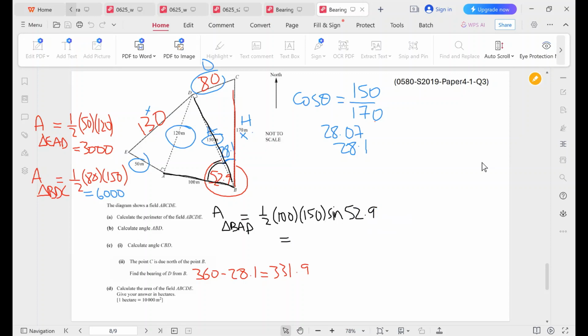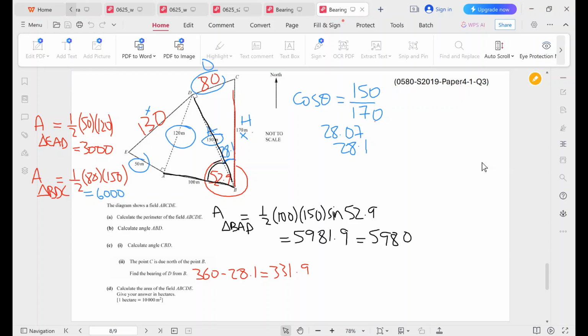This gives us 5,981.879, or you can approximate to 3 significant figures, which is 5,980.